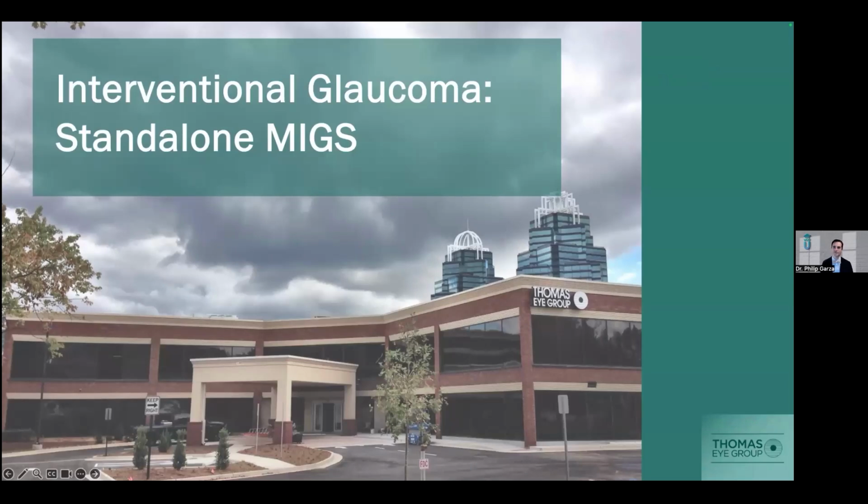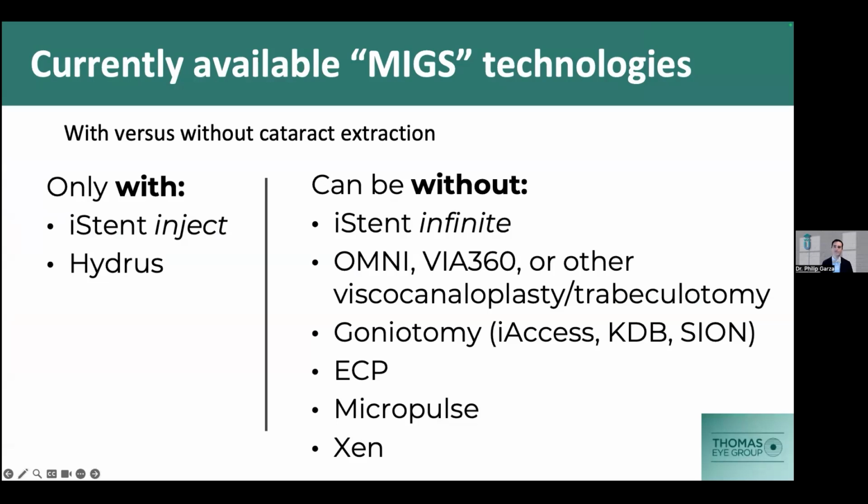So, to finish up interventional glaucoma and looking backwards at where we have been over the last few years, I want to talk about standalone micro-invasive glaucoma surgery. This slide is designed to show some of these devices and techniques based on whether or not the technique is approved for use without concurrent phaco.